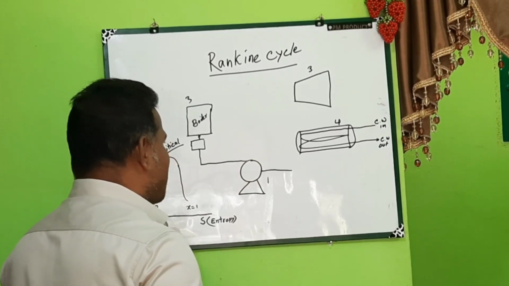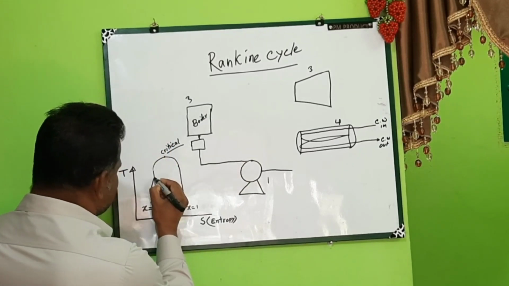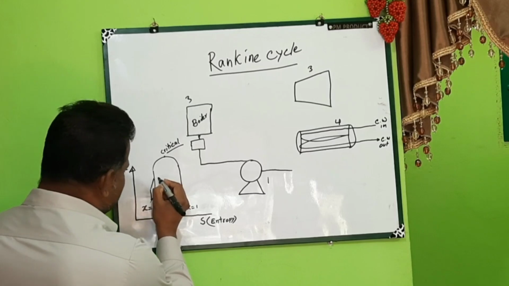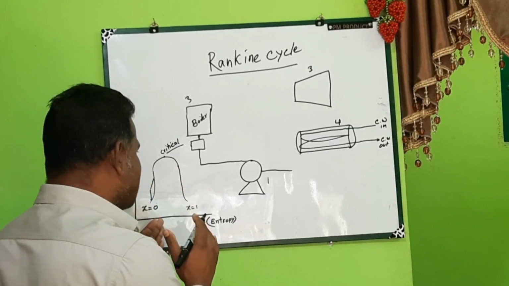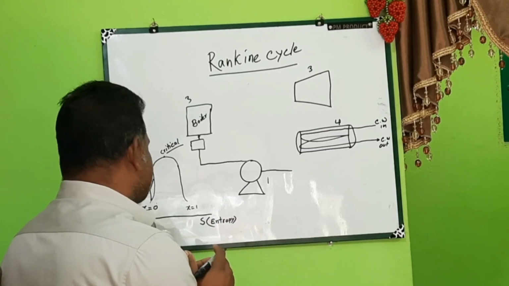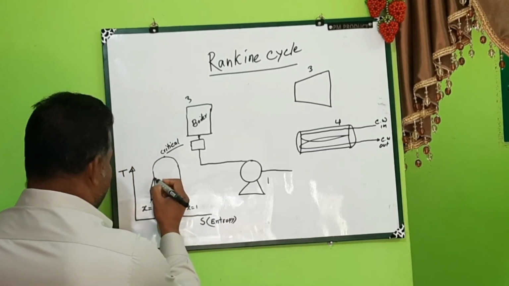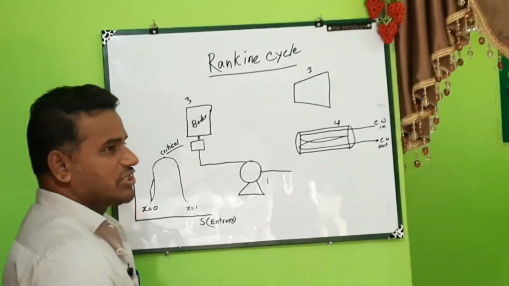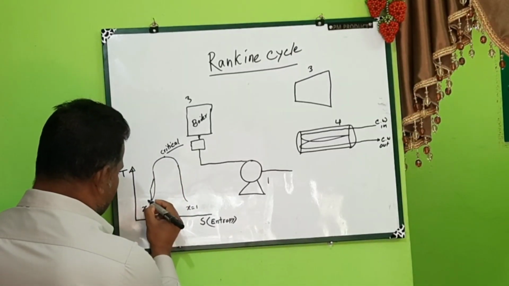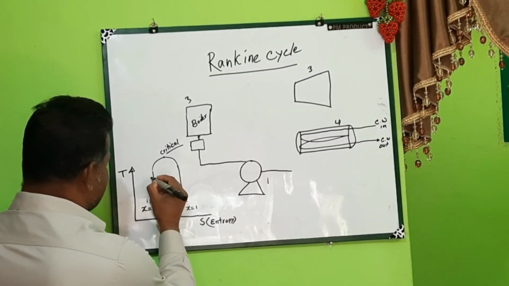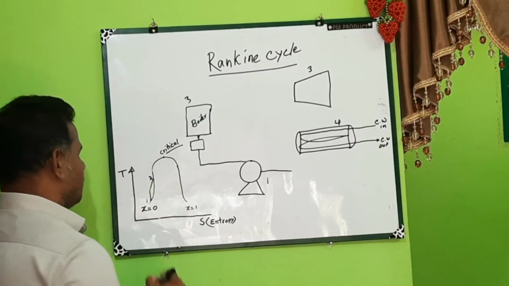On the boiler side, we are adding heat, but this is the liquid phase. This is the liquid zone, and up to this point it is saturated steam. You can think this is point 1 and this is point 2.